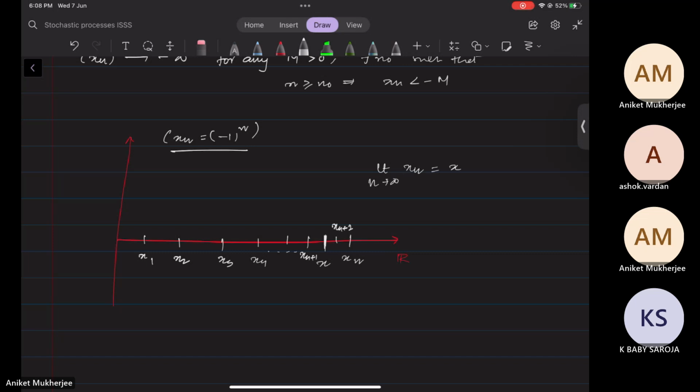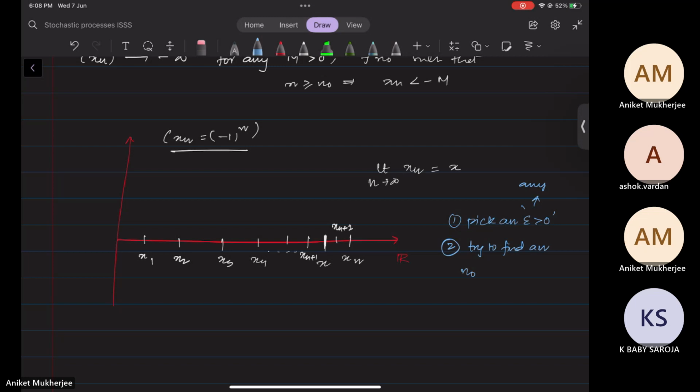So to show that something converges to x, what you actually do is, pick an epsilon which is greater than 0. This could be any epsilon. Once you pick an epsilon, try to find an n naught.